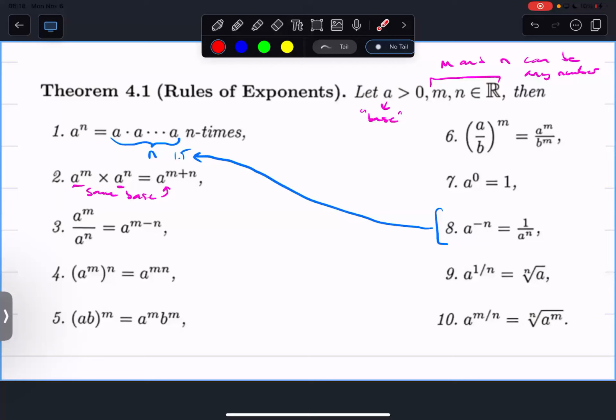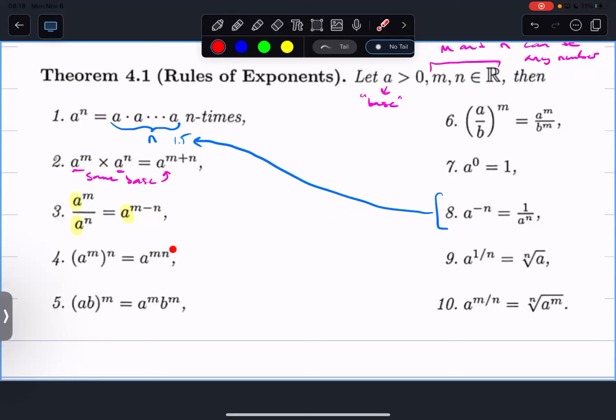Usually. So a to the power of m over a to the power of n. Now, again, you have to have the same base, right? That's going to be the key here. And so division turns into subtraction in the exponent.